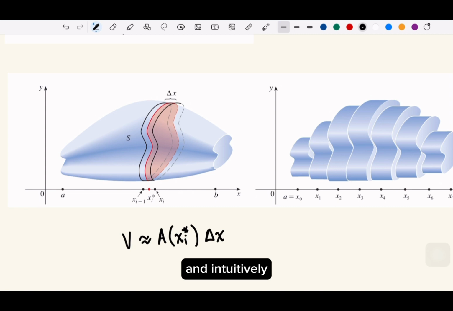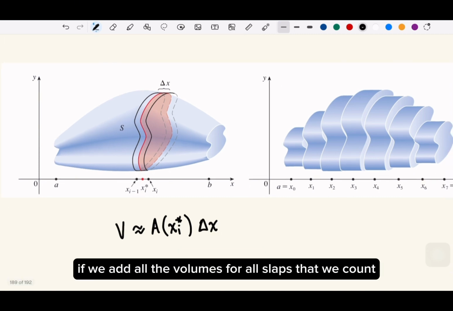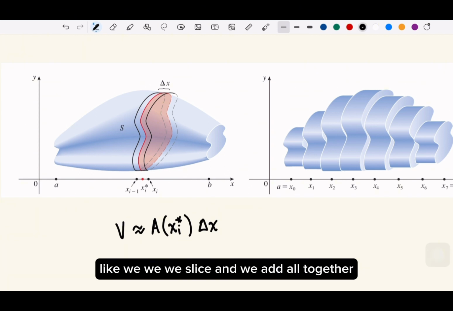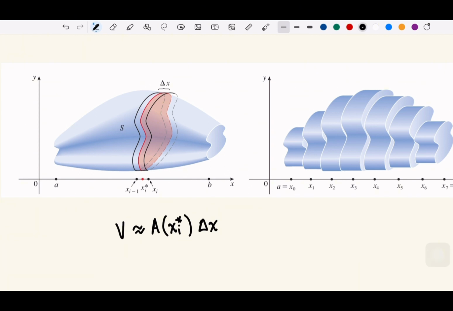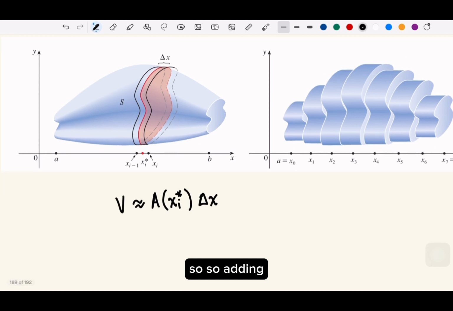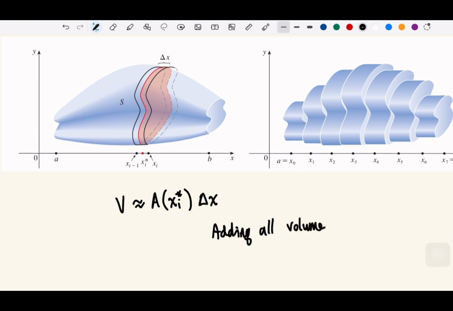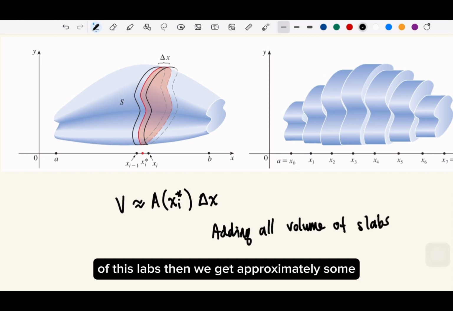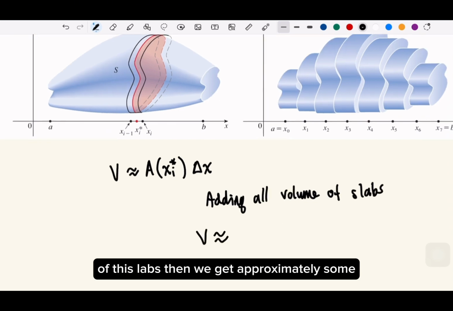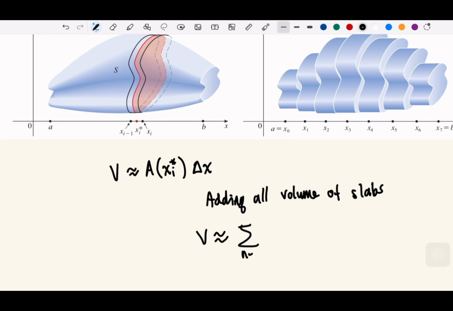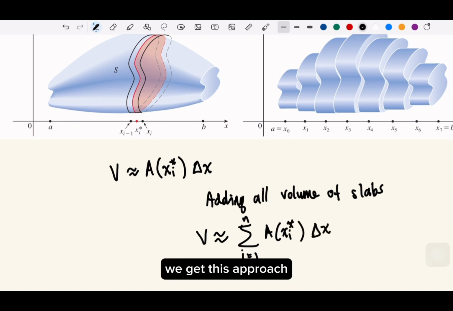And intuitively, if we add all the volumes for all the slabs that we count, like we slice and add all together, adding all volume of these slabs, then we get approximately this sum.